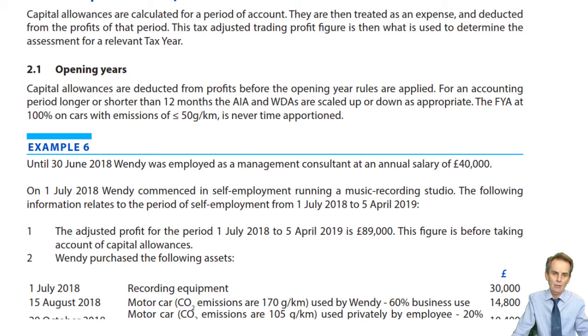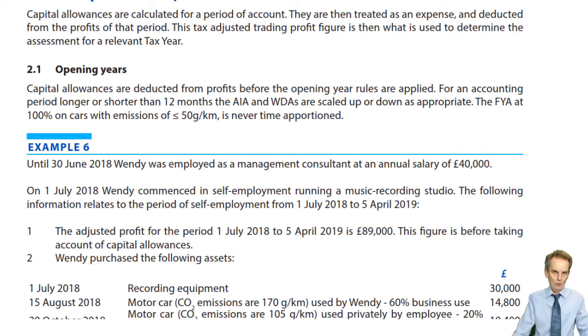Once done for the accounting period, we'll then be in a position to see in which tax year, or possibly in opening years, which tax years, that profit or a part of that profit may be chargeable to tax.